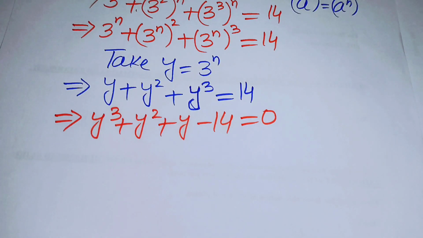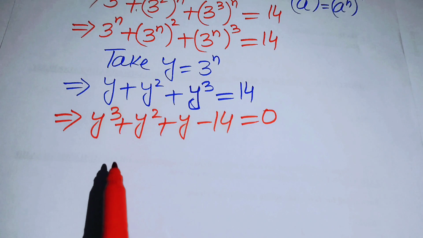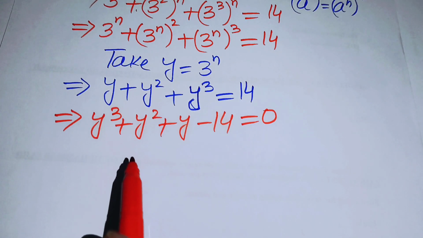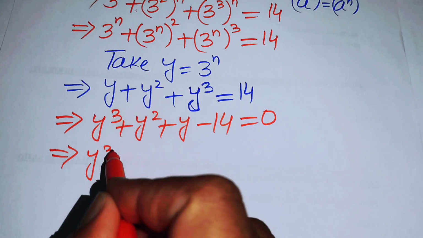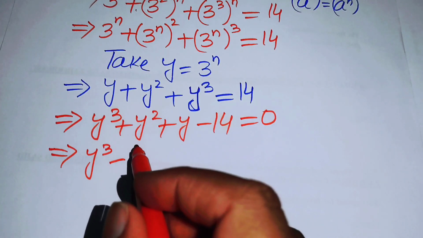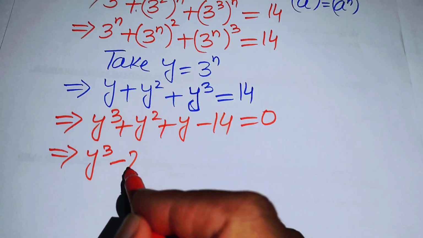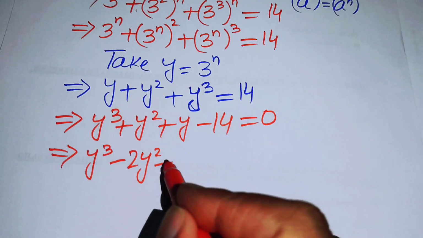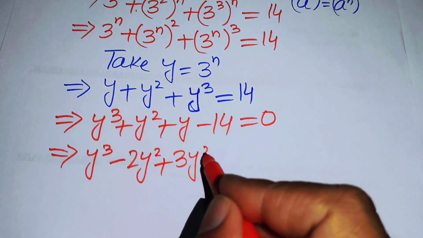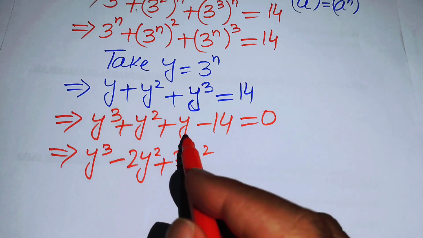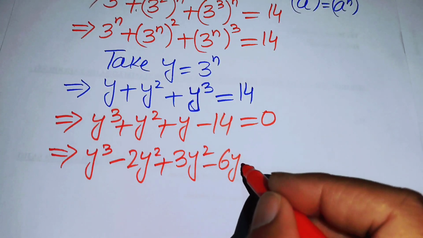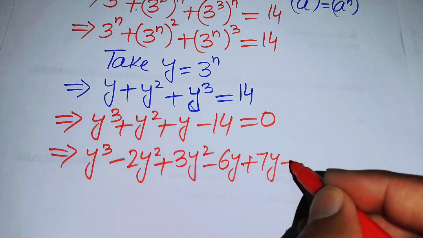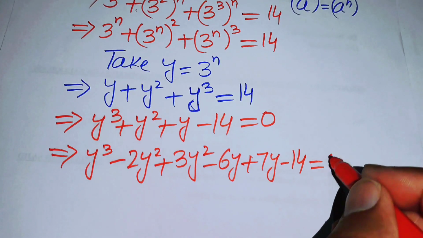Now we can again rewrite this equation as y cubed plus y squared, and we will write this plus y squared as minus 2y squared plus 3y squared, and here you have plus y and we will write it as minus 6y plus 7y minus 14 is equal to 0.